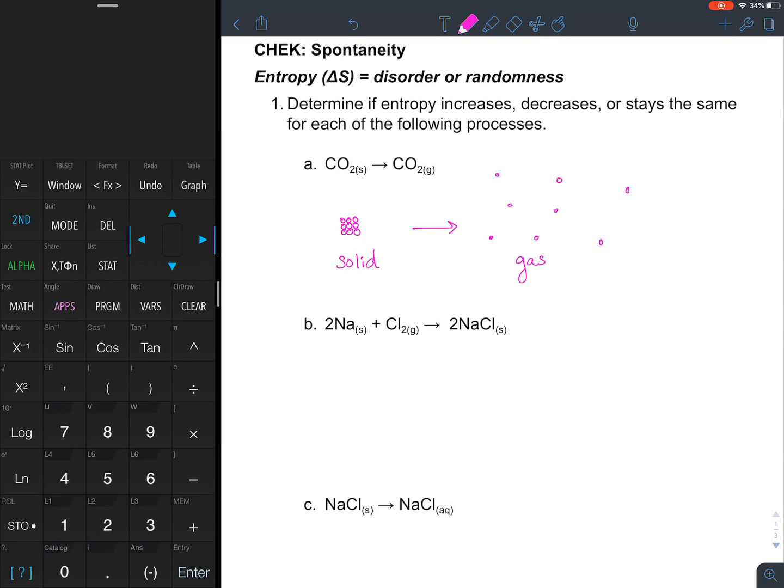And so because we go from a more organized system to having all of these chaotic molecules all over the place, this is actually going to be increasing. Okay, so we're going to increase entropy. And increasing entropy is a positive delta S.